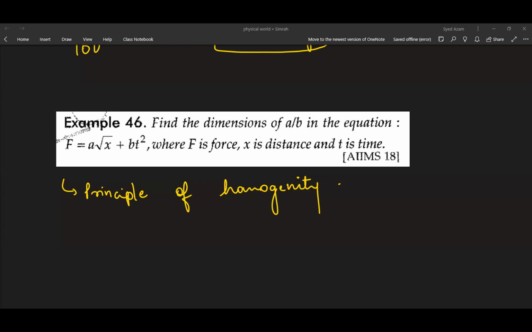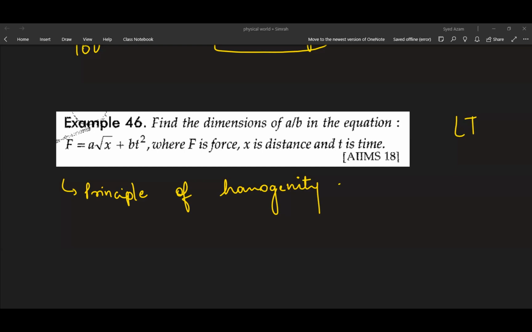Ma'am, is it L T raised to the power minus 1? See, this will be, no. What's your A coming?